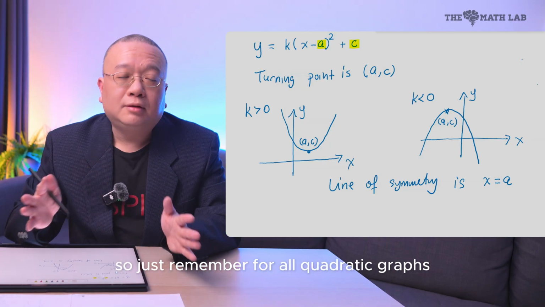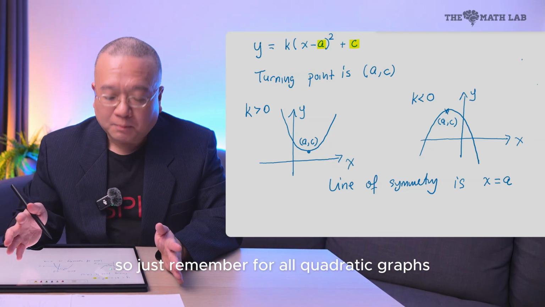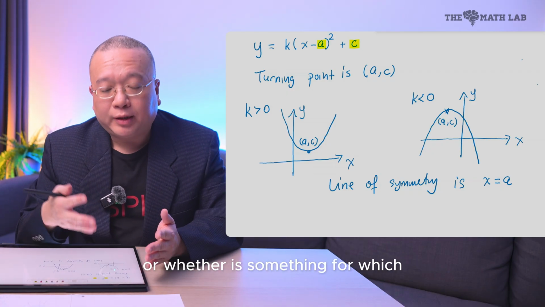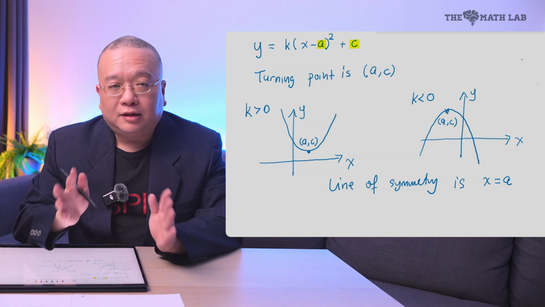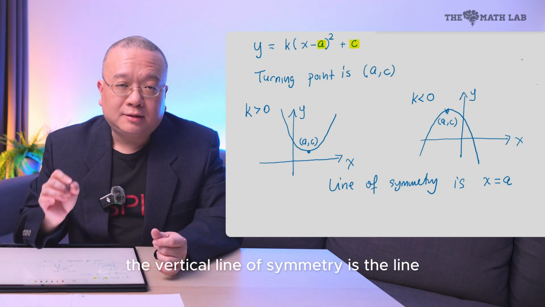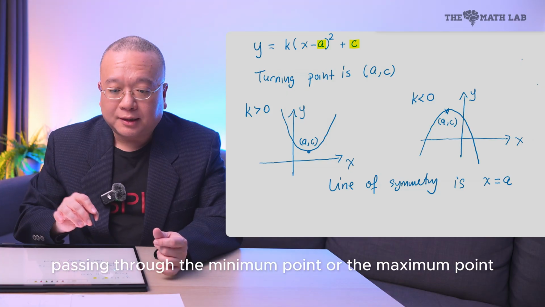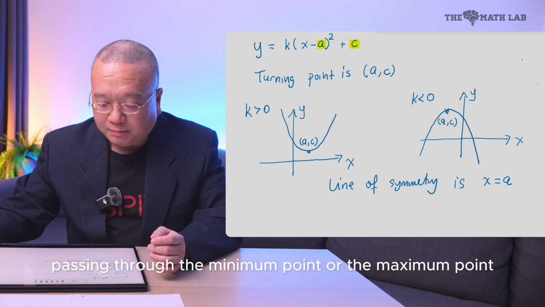So just remember, for all quadratic graphs, whether it's something that can be factorized or something for which you have completed the square, the vertical line of symmetry is the line passing through the turning point, passing through the minimum point or the maximum point.